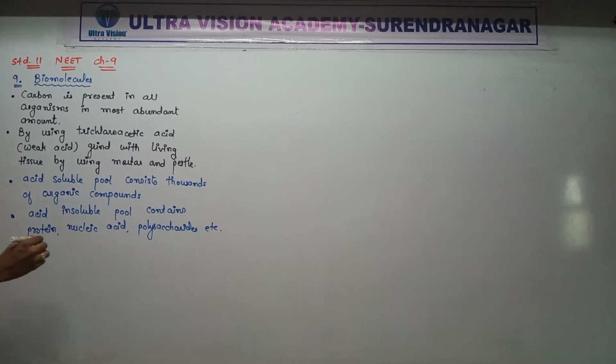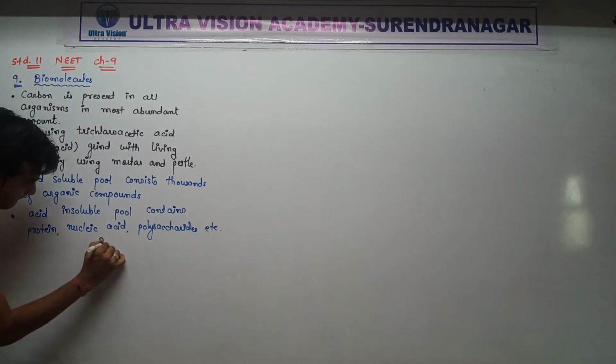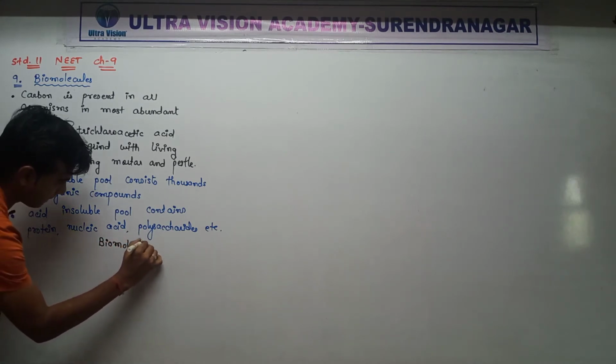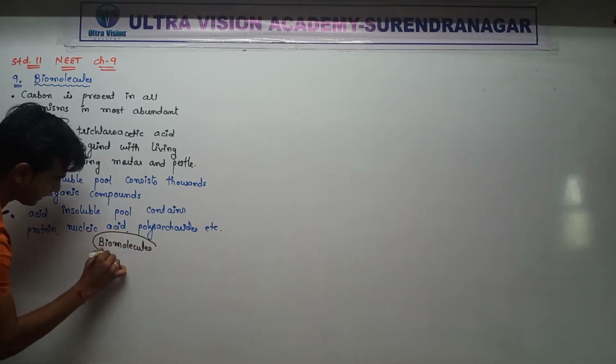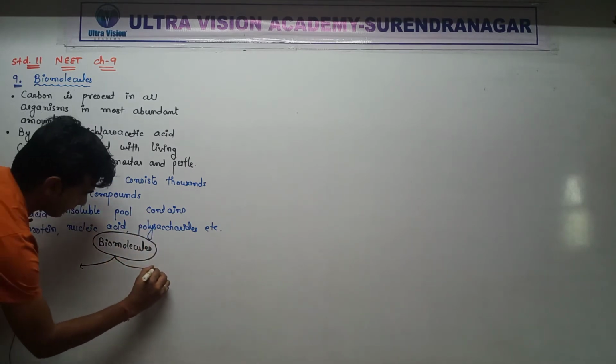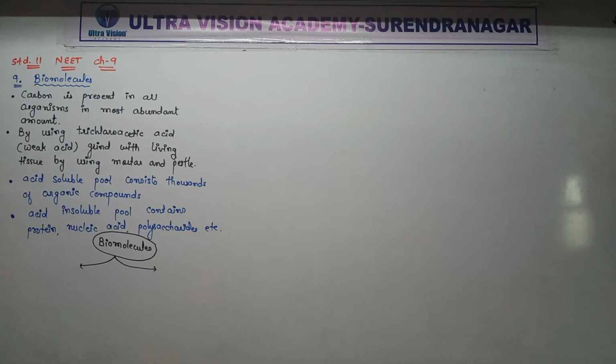So biomolecules are of two types. We can measure the biomass or molecular weight in the unit of Dalton.